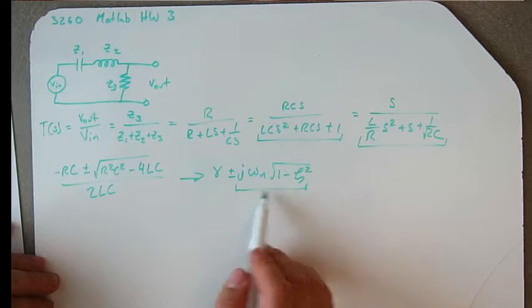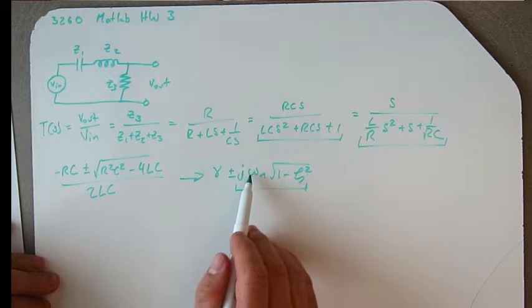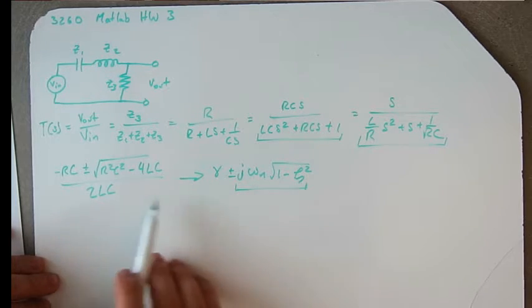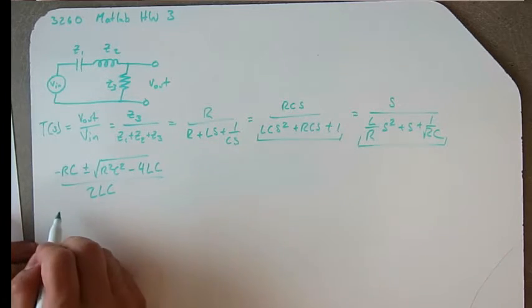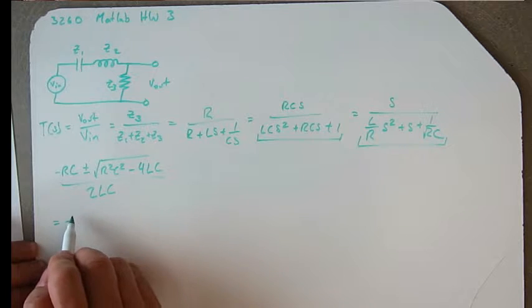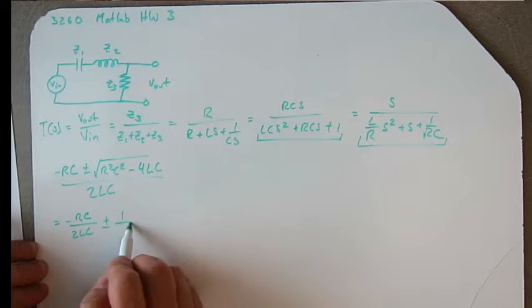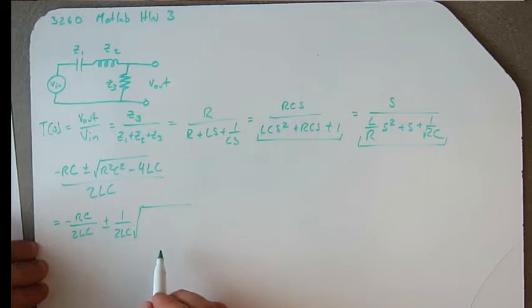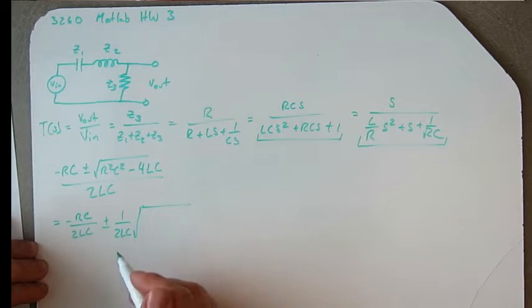So this is where I'm going to focus. This is the form we want to see. We want 1 minus something here, and then whatever's out front we know will be j times omega n. So I'm just going to massage this until it looks like this. Cool. So we can say this equals negative RC over 2LC plus minus, I'm going to divide both of these by a negative 4LC, or multiply and divide by.